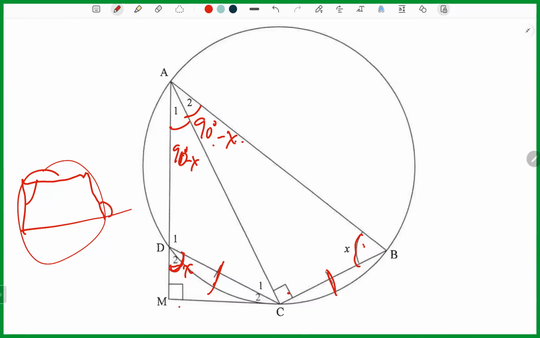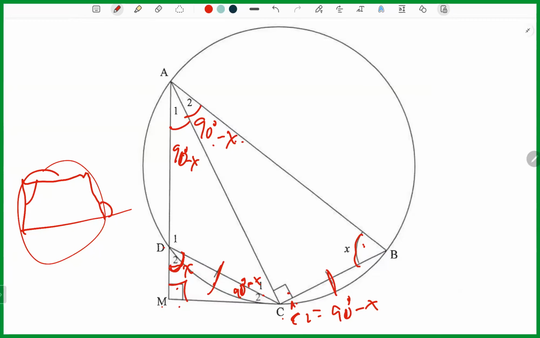So D2 is x. But also we can see that with this, angle C2 in this diagram will be 90 degrees minus x, because this is 90 degrees. If you add all of them, 90 degrees minus x plus x is 90, 90 plus 90 in the triangle DMC.